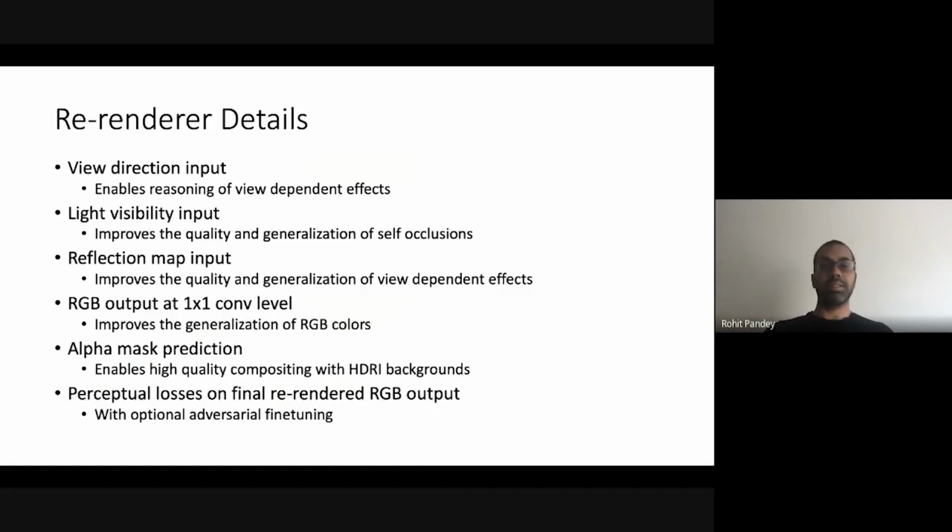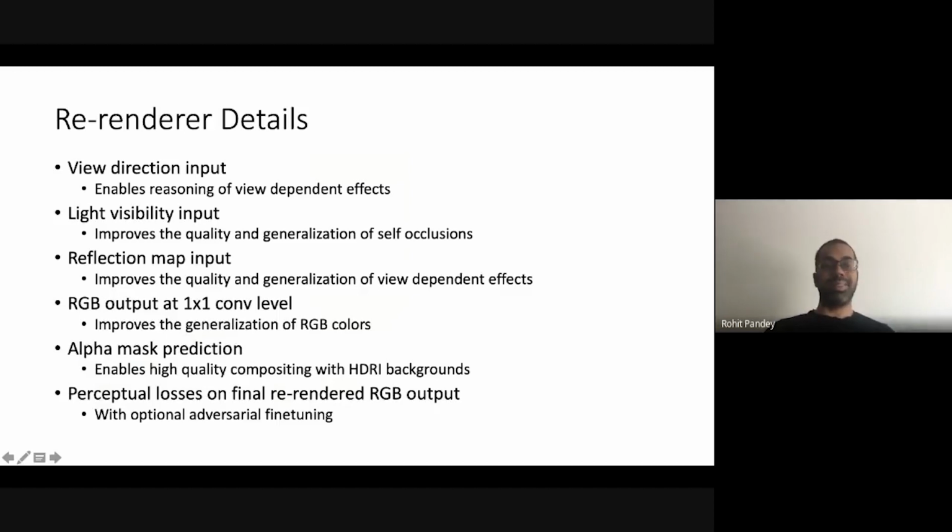Something to mention is that this re-renderer first runs a bunch of one-by-one convolutions and synthesizes an RGB at the one-by-one conv level, and then goes into the UNet part of it, which has receptive field and is potentially more prone to overfitting. So outputting the RGB at the one-by-one conv level also enabled us to improve generalization to unseen people and unseen poses. As I mentioned, the alpha mask prediction enabled us high-quality compositing.